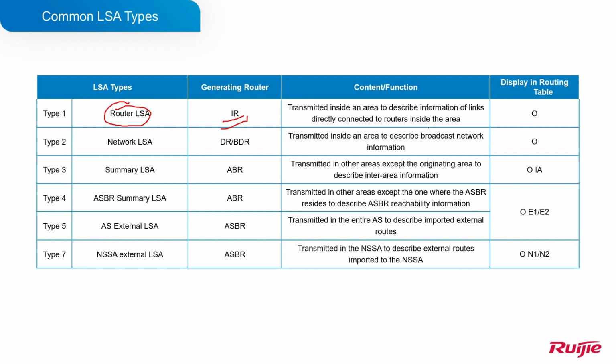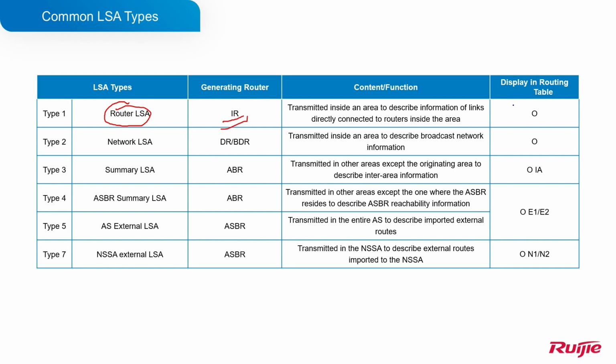If you want to transmit area 0's type 1 LSA, you can only transmit it within that one area. You can't transmit the LSA information to another area.